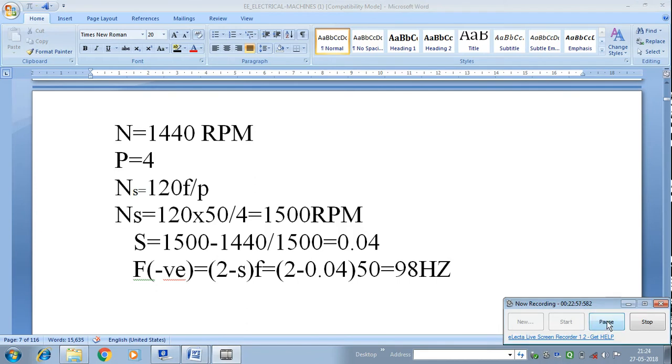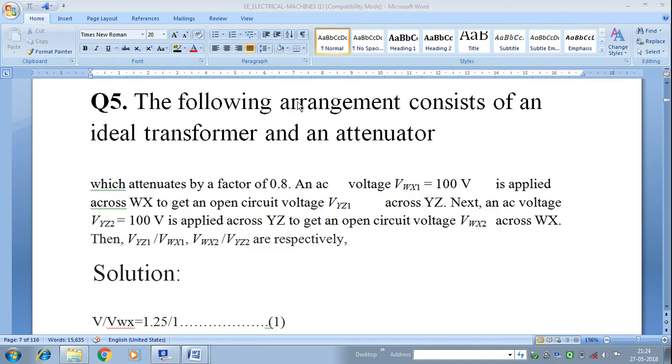So let us see, the following arrangement consists of an ideal transformer and an attenuator which attenuates by a factor of 0.8. An AC voltage VWX1 equal to 100 volt is applied across WX to get an open circuit voltage VYZ1 across YZ.